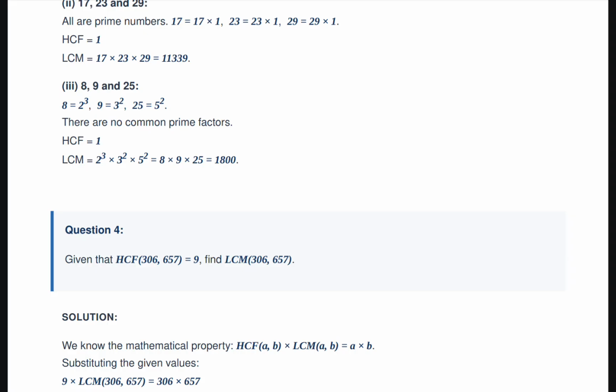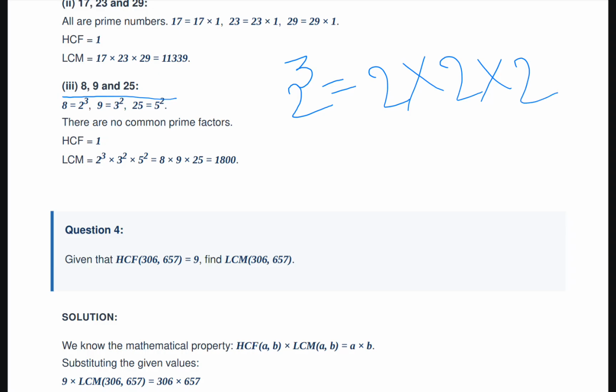Now you are given three numbers, 8, 9 and 25. Again find the prime factors of 8, 9 and 25. The prime factors of 8 will be 2 raised to the power 3, which means 2 into 2 into 2, which is equal to 8.